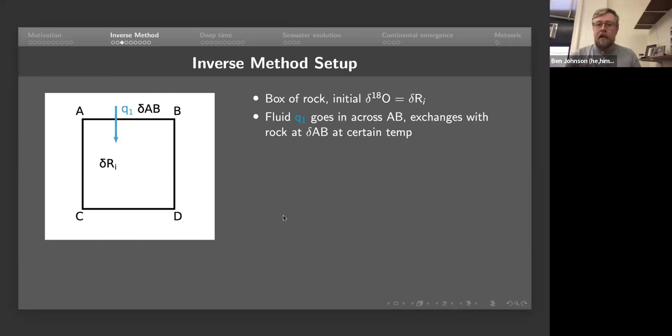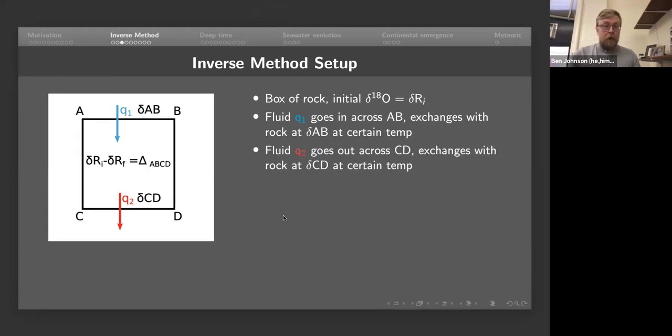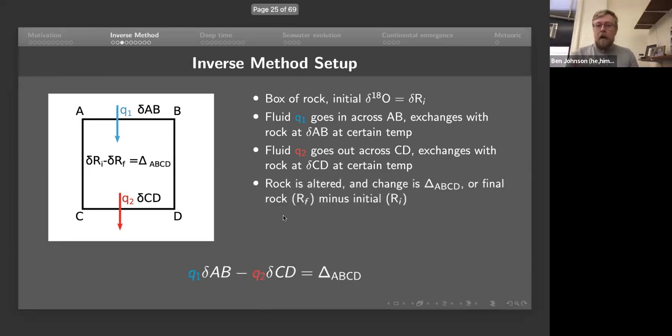So there'll be some fractionation and that value will change to this delta AB value. Say that fluid flows through the box, comes all the way out the bottom, and it goes out across this boundary CD. Again, it's going to exchange oxygen isotopes across that boundary as well. And the rock, therefore, is altered from its initial value, delta Ri, to some final value, delta Rf. And so we can define this change in δ18O values for this box, delta AB, CD.